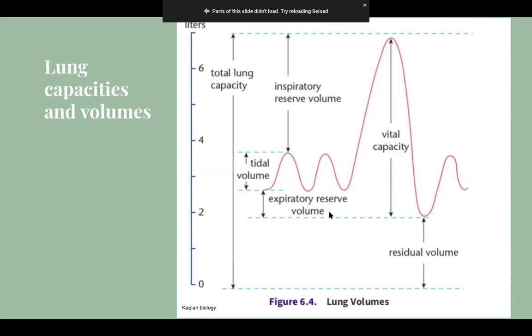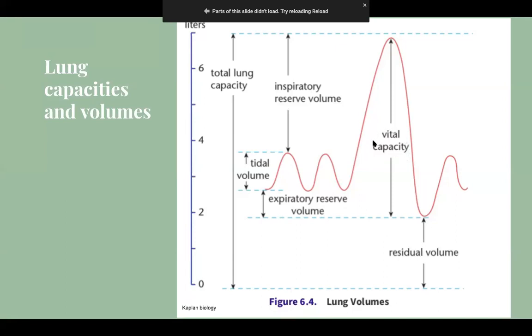Your expiratory reserve volume is the volume of air that you can push out extra if you forcibly exhale. So after you take a normal breath and exhale, you can exhale some more, and that's your expiratory reserve volume. Similarly, your inspiratory reserve volume is when, after taking a normal breath in, you can breathe in some extra air.